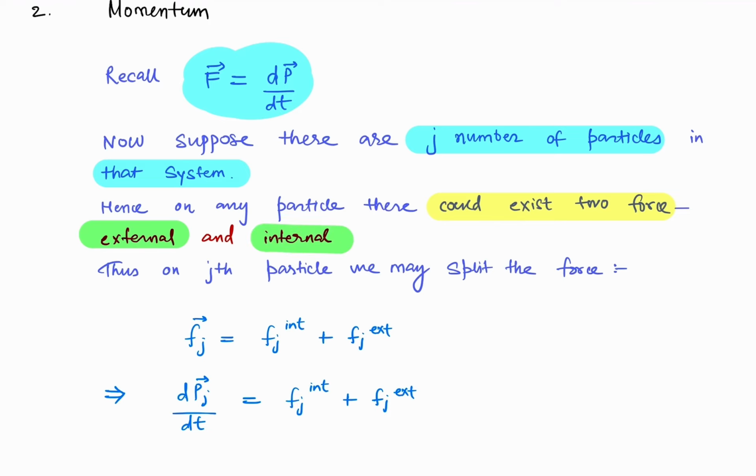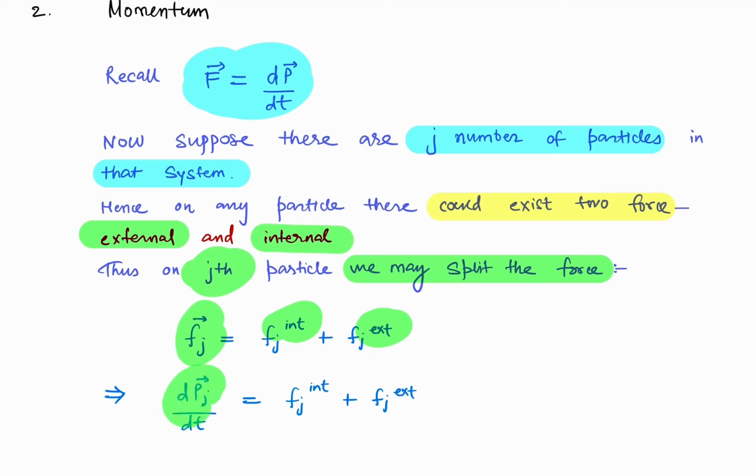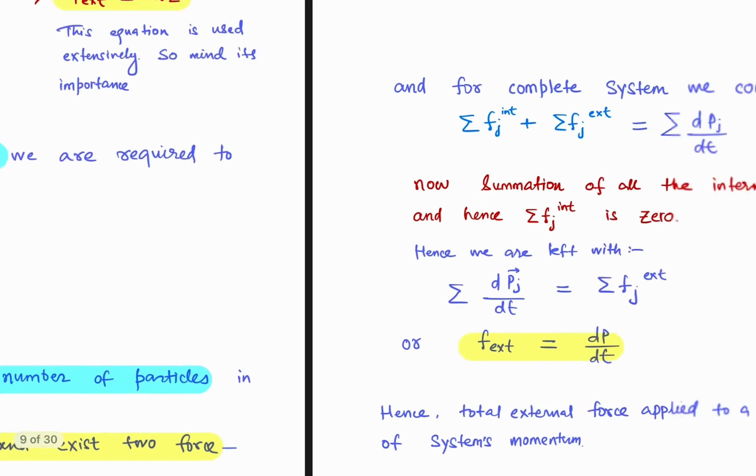So for any jth particle, we may split the force into internal and external format, and this is the total force on the jth particle. So it is actually the rate of change of momentum with respect to time, which is equal to F internal and F external on the same particle j.